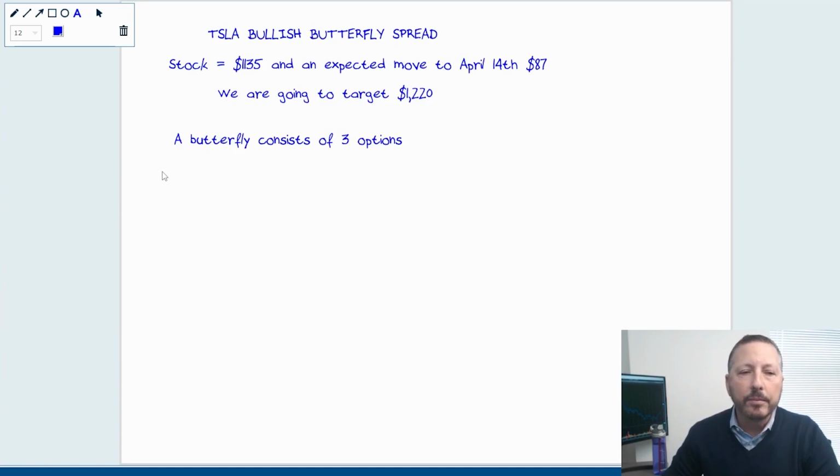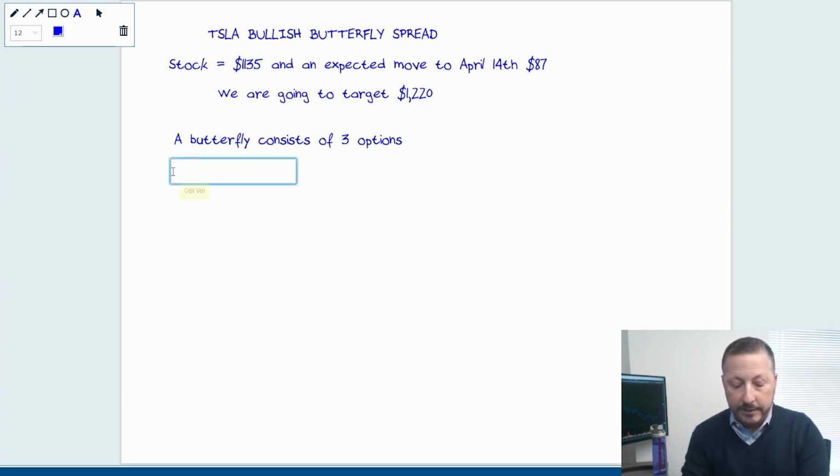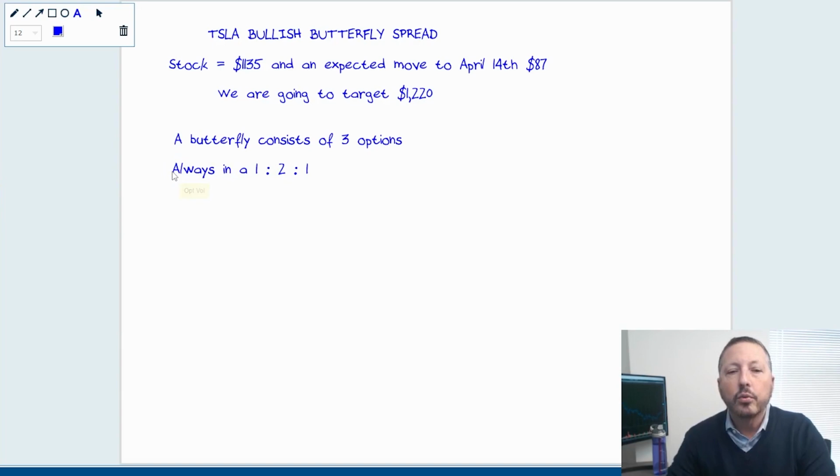A regular butterfly is always in a 1 to 2 to 1 ratio: buying 1, selling 2, buying 1.